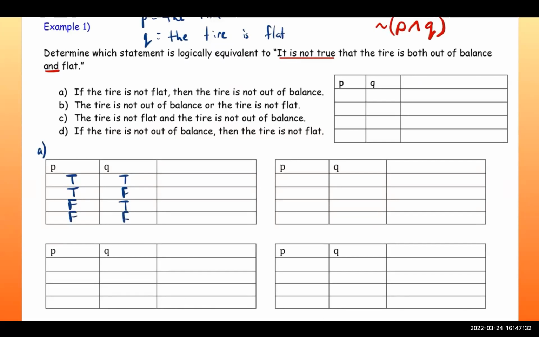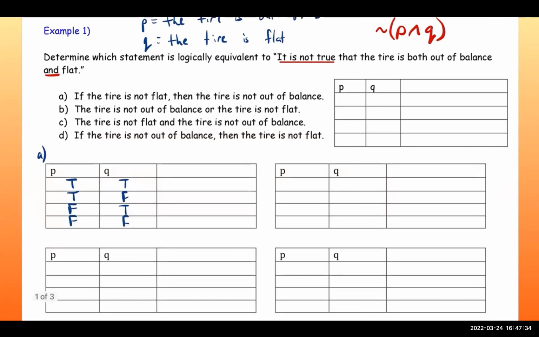The first one says, if the tire is not flat, that would be not Q, then that would be your conditional statement, then the tire is not out of balance, not P. That would go over in this column.